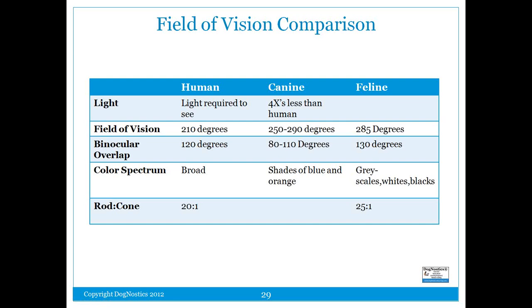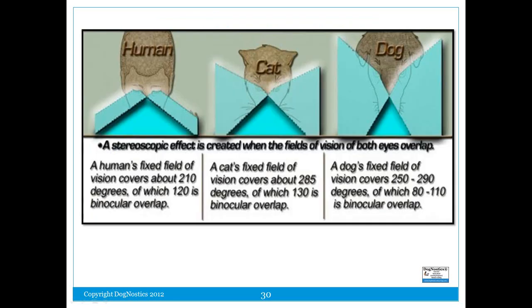And here's a diagram that shows just that. The center bright turquoise triangle is the binocular vision, and coming out to each side is our field of vision. So you can see the difference in the placement of the eyes on the head and the skull, and how that affects their vision.